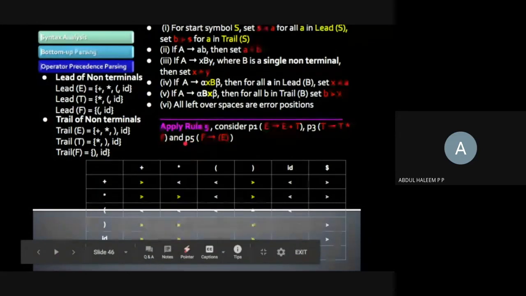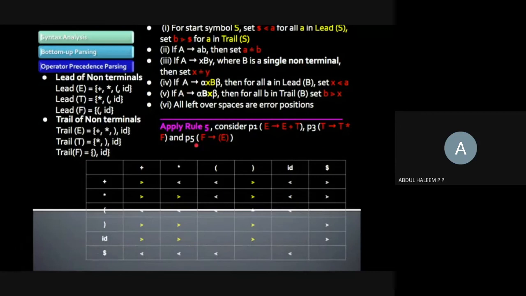Now let us apply P5 here. When you apply P5, you can see that F derives left bracket E right bracket. So in Bx format, B is E and X is the closing bracket. So trail of E will be greater than closing bracket. Trail of E is plus, star, closing bracket, ID.